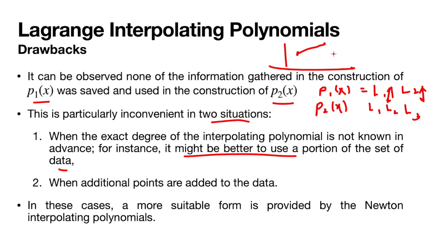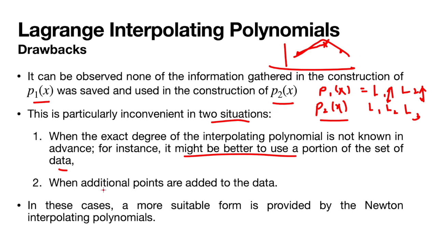When another point is given to you, you will have to calculate all of this again using the second degree polynomial. You cannot increment your data from this point onwards, so you have to do everything from the start.